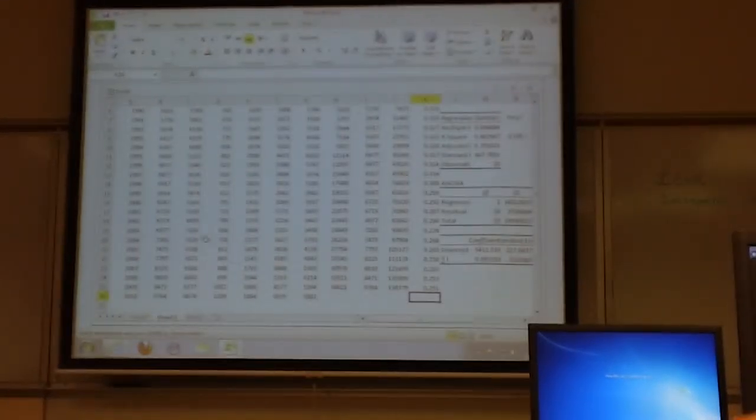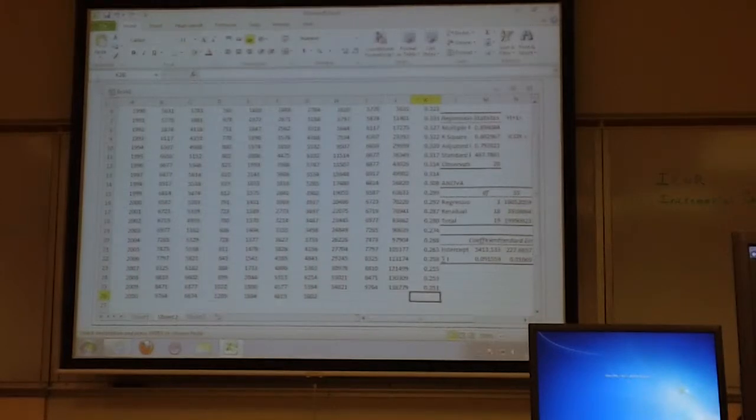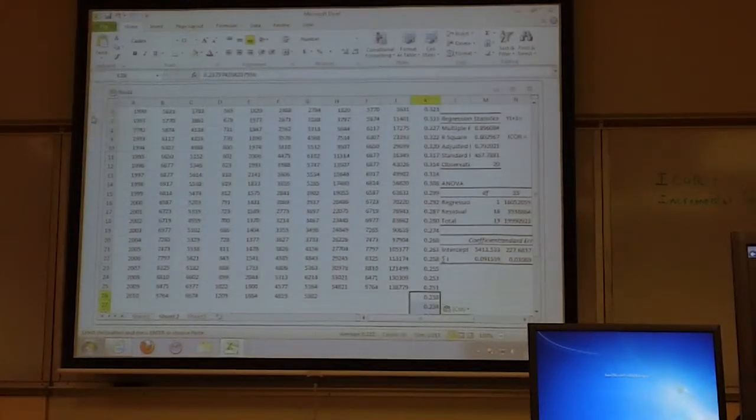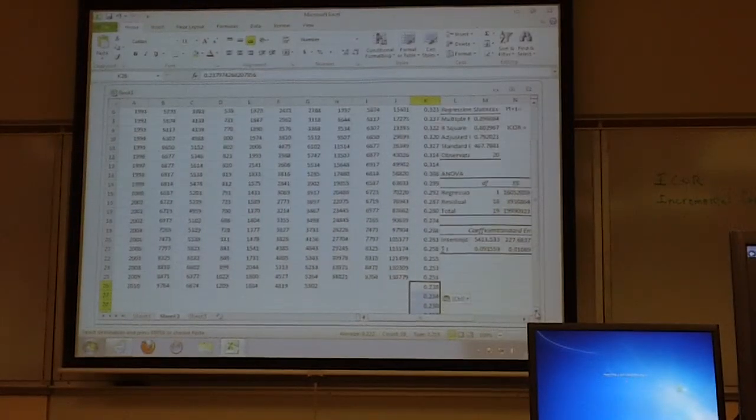Go back to sheet 2. First sheet, or is that just on the second sheet? So that gives us our investment share.